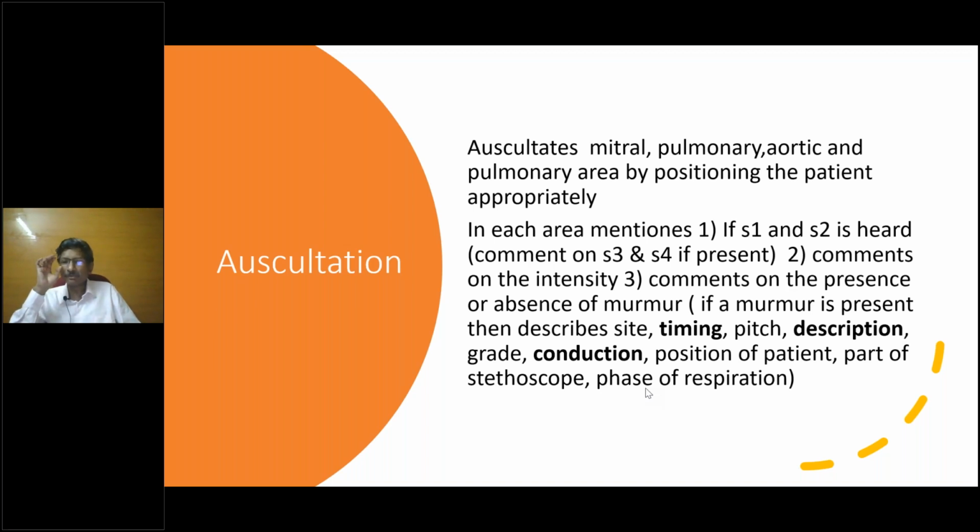A2 will be muffled. Don't bother much about it. See, the second sound is best studied in the pulmonary region and the aortic region, that is the left second space and the right second space. So if you want to study the pulmonary sound, you will auscultate the left second space. If you want to study the aortic sound, you will auscultate the right second space. So remember that. A2 or P2, that is what we look at. So A2 will be muffled.